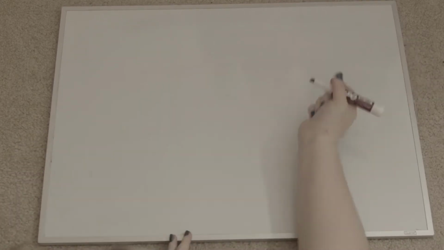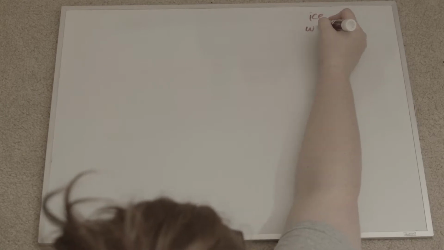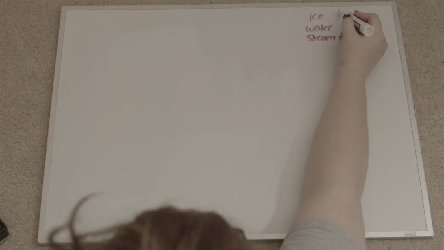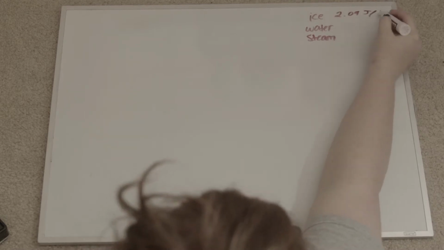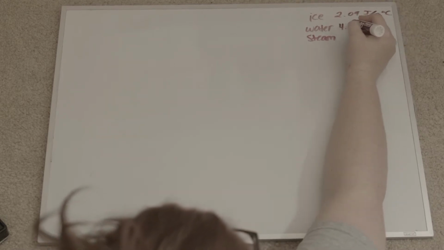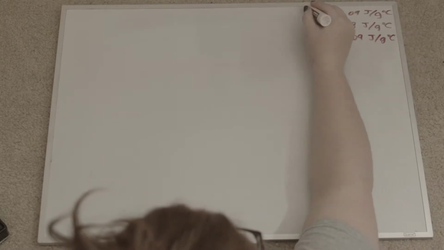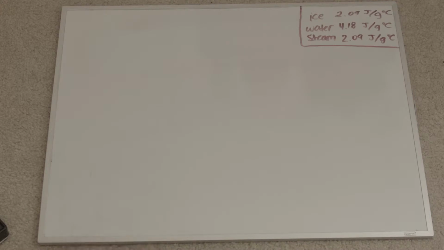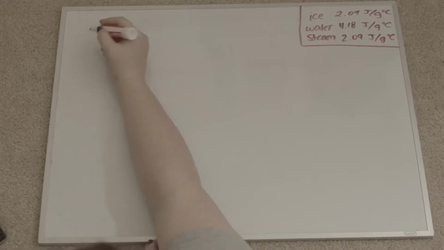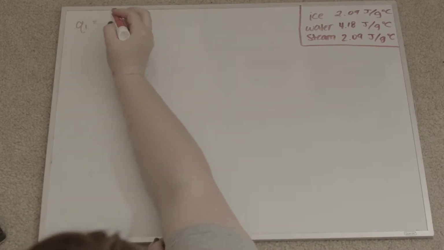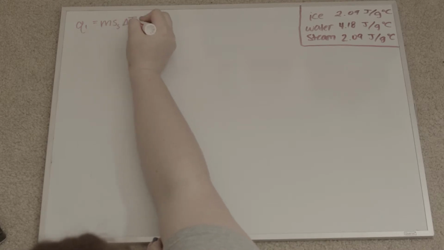Okay, so what we want to do first is write our specific heats in the little chart that I said I was going to give you. Specific heat for ice is 2.09 joules per gram degrees Celsius. Water is 4.18 joules per gram degrees Celsius, and steam is 2.09 joules per gram degrees Celsius.